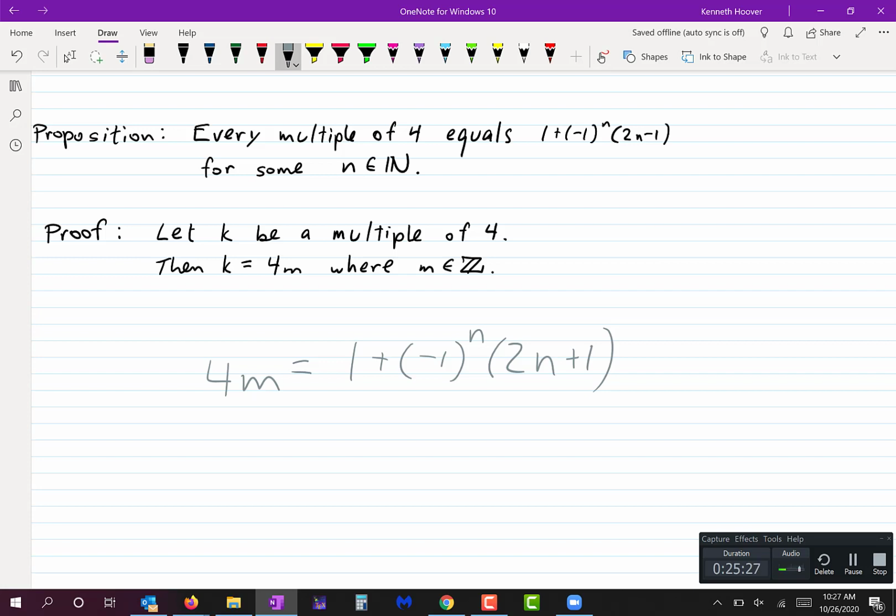See, now this is important for you to understand. We need to find what n needs to be, because it says for some n. So we need to find an n, okay? So I don't know what n equals. I'm trying to figure that out.